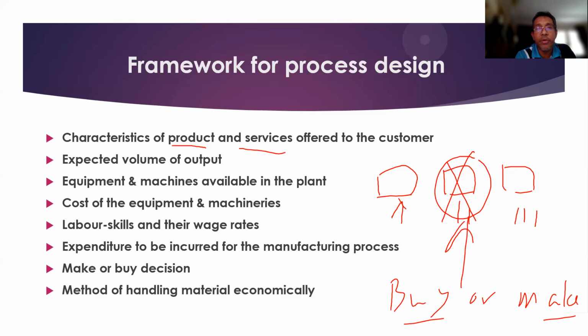I will detail this one later on. So we need to consider, do we need to buy or do we need to make? If we buy, maybe we can get a cheaper sub-assembly product to have a complete product here.